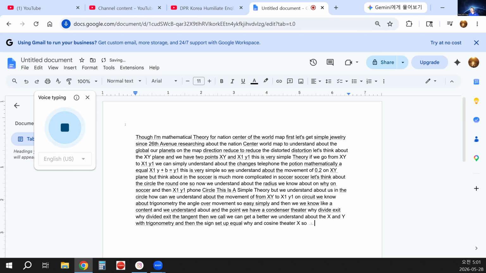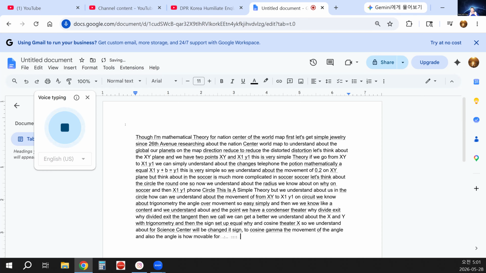So we understand that sine theta and cosine theta will be changed, sine gamma to cosine gamma. The movement of the angle, and how the angle moves.